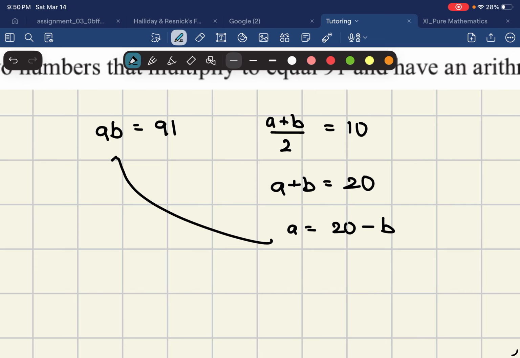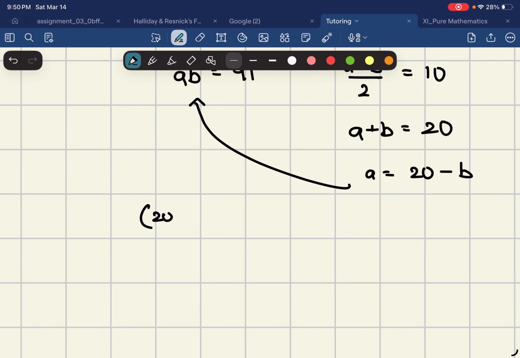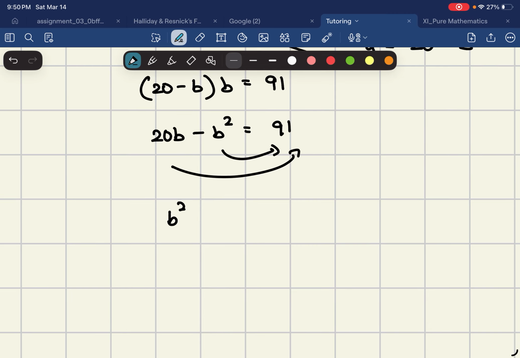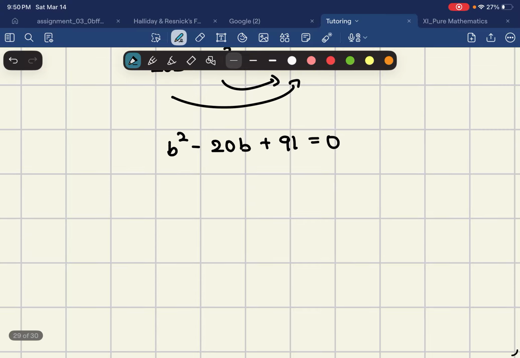And I can substitute this information here. So (20 minus b) times b is just 91. So 20b minus b squared is equal to 91. And if I take all the terms here, I know that b squared minus 20b plus 91 is equal to 0.